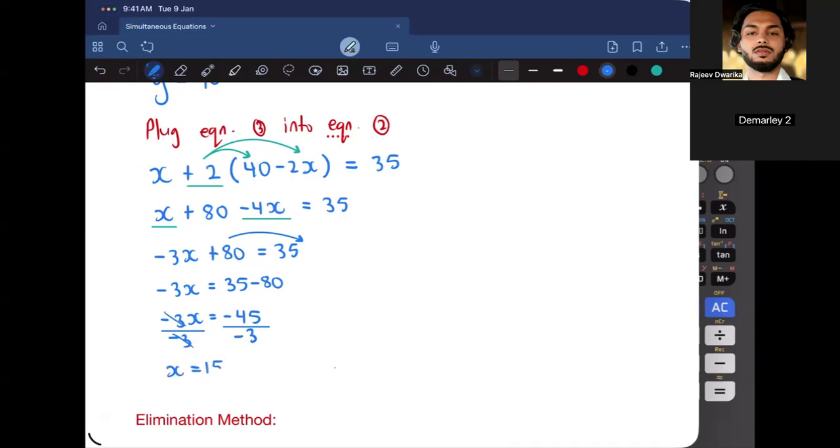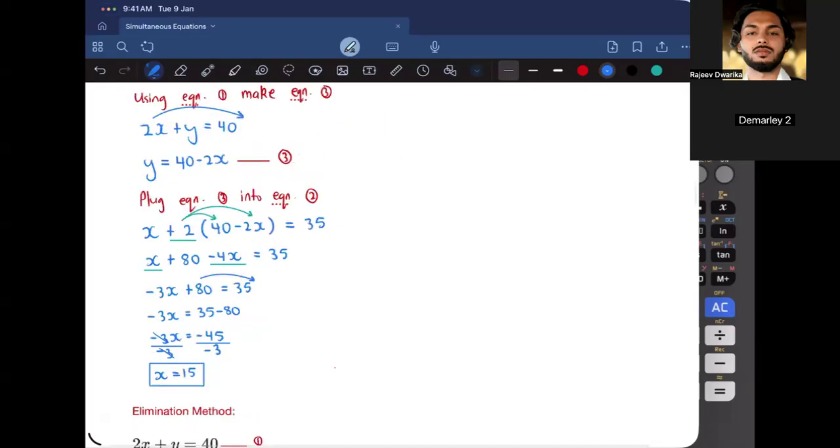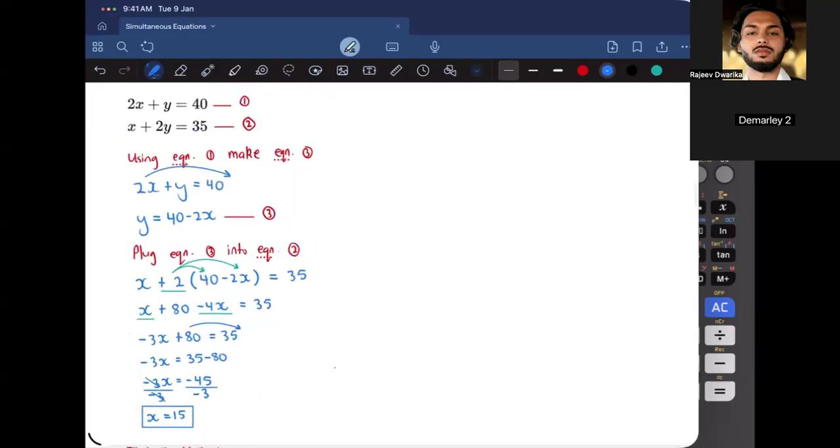Yes. Did we get that last time? X is equal to 15. Yes. Nice. And so which equation am I going to use to find for y? For y, we can use equation 2. Remember, you could use equation 2. I'm not saying that you can't. You could use it.